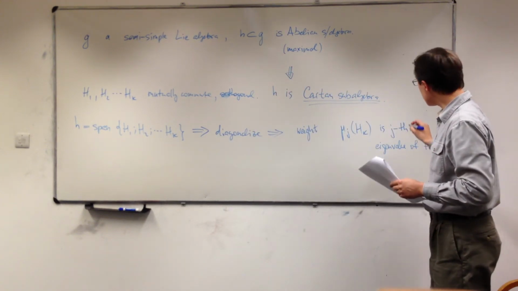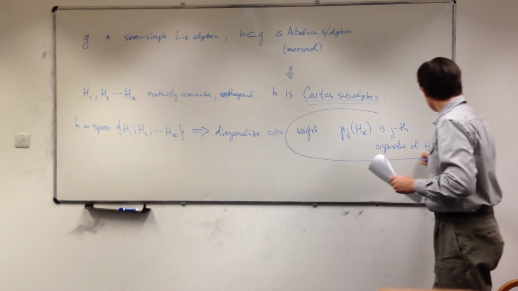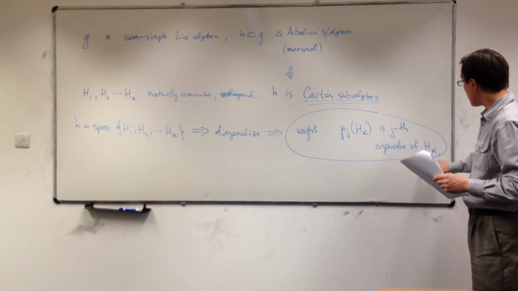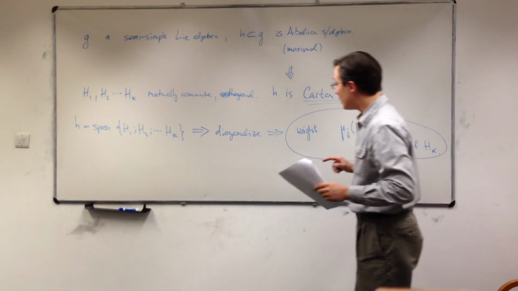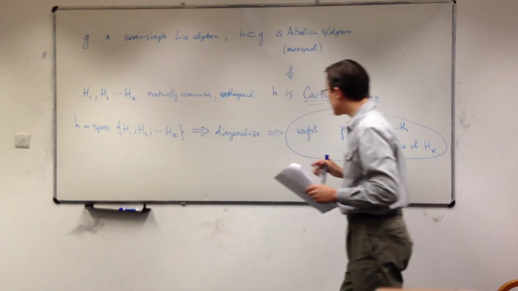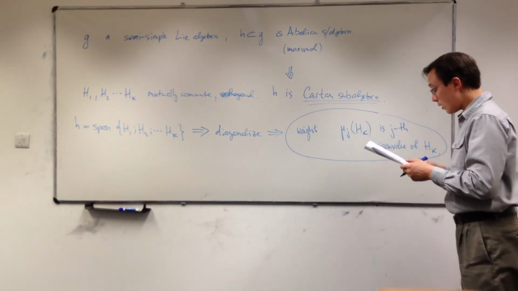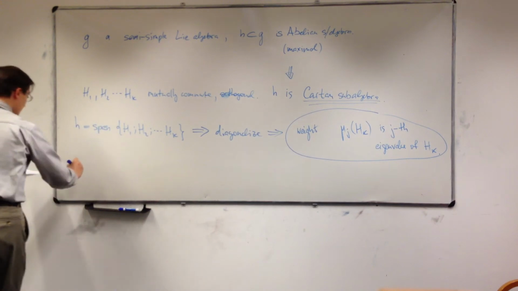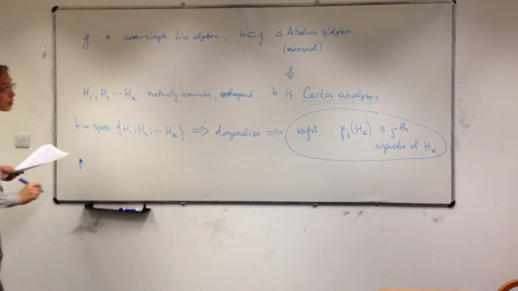So the weight is defined somewhat obscurely, for the time being, as the jth eigenvalue of the kth basis operator of the Cartan subalgebra that has been diagonalized. Right? What we can observe immediately is that weight is a linear function on that algebra.